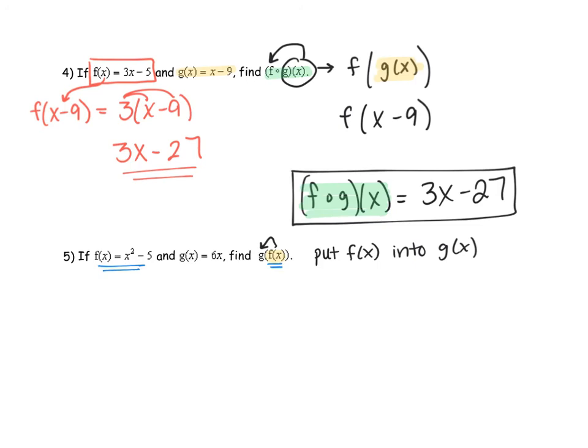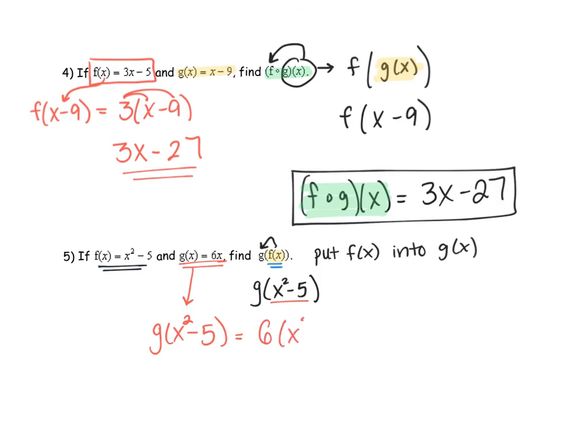We could write it as g of x squared minus 5, because this is what my f of x function is. So that means everywhere I see an x in g, I'm going to put x squared minus 5. So everywhere I see an x, I'm going to put an x squared minus 5.